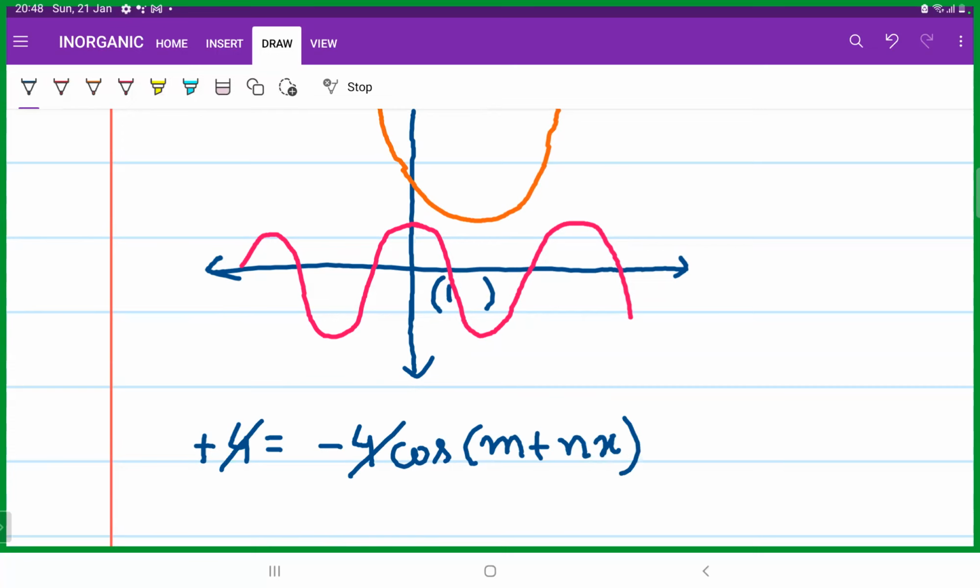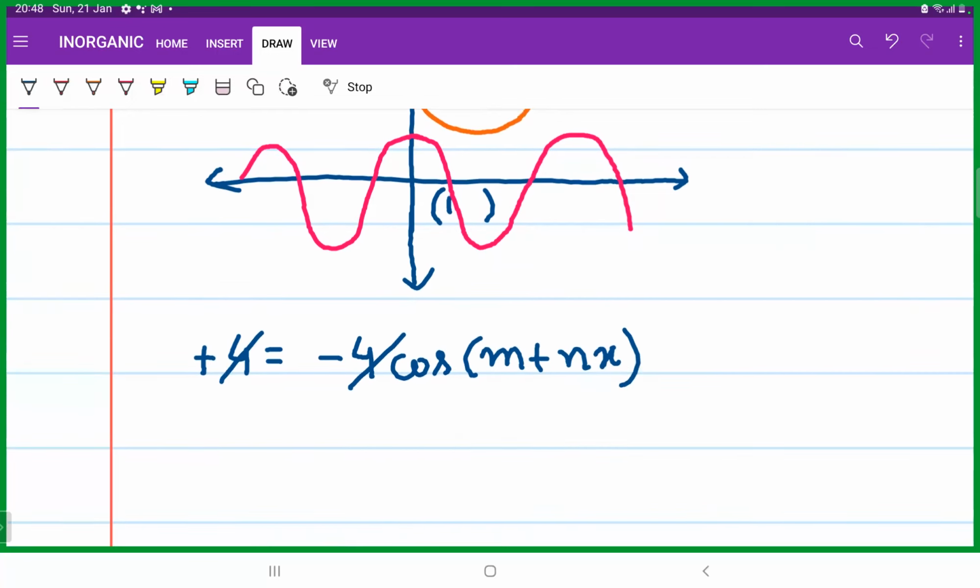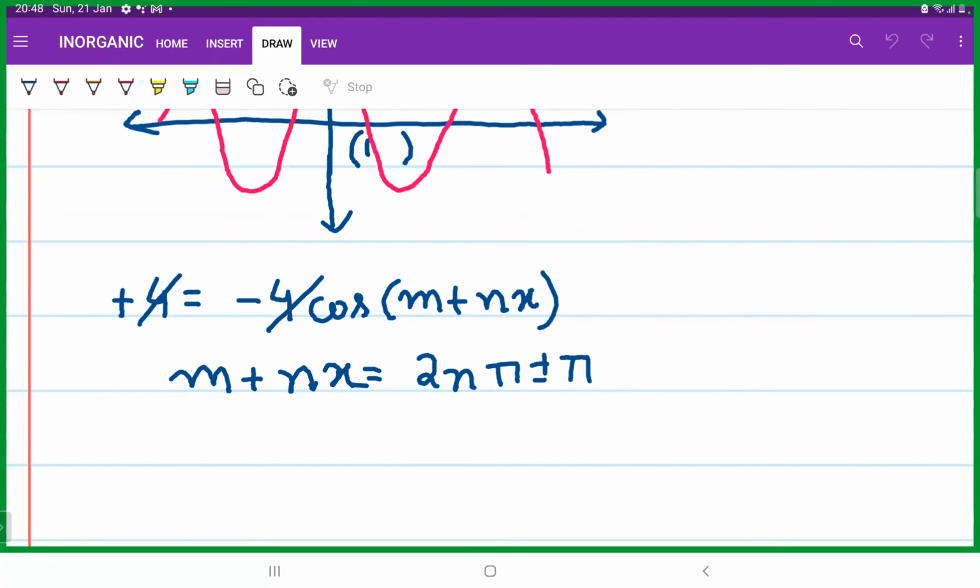So upon cancelling this, we will find that m plus nx is equal to 2n pi plus minus pi. Okay. And upon taking pi common, we will get 2n plus minus 1.